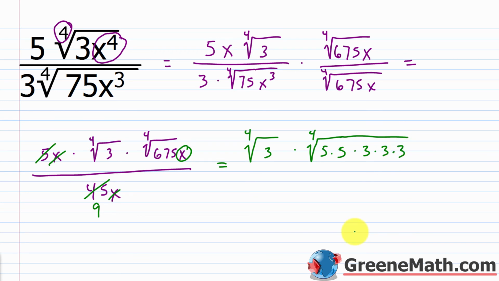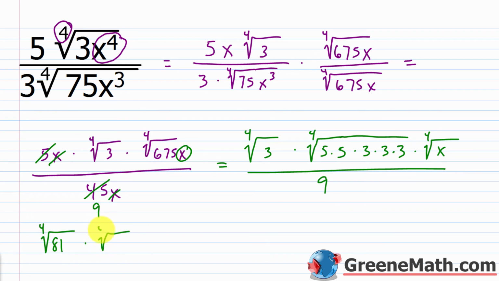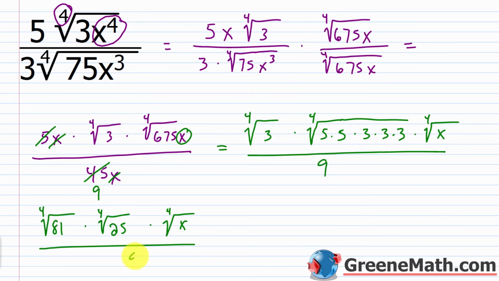So we look through here, and we look for a perfect fourth. Let me put times the 4th root of x, just so we don't forget that. So we would have what? 1, 2, 3, 4 factors of 3, or 81. Let me just complete this. I'm going to put over 9. So you would have the 4th root of 81 times the 4th root of 5 times 5, or 25, times the fourth root of x over 9.